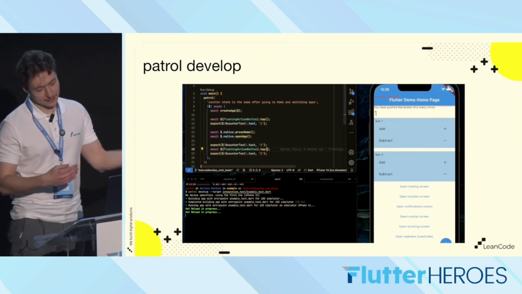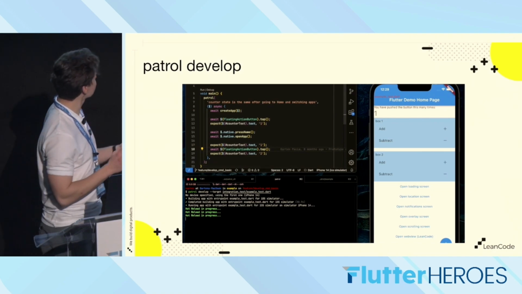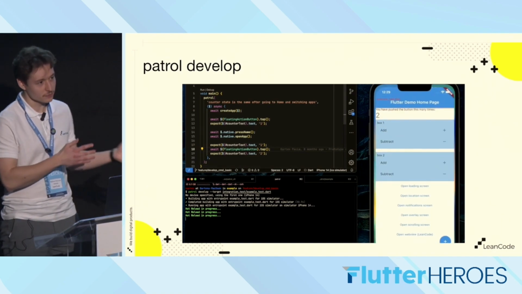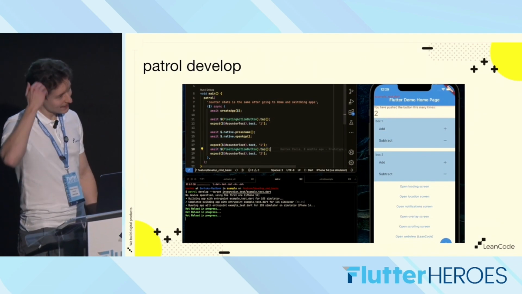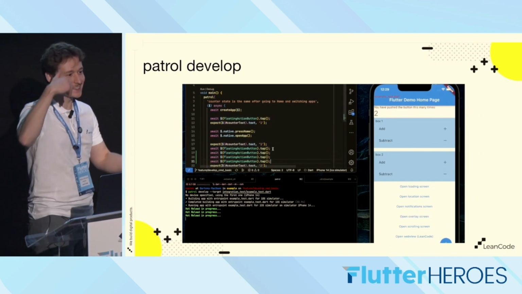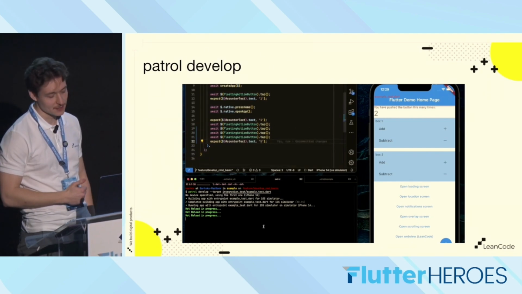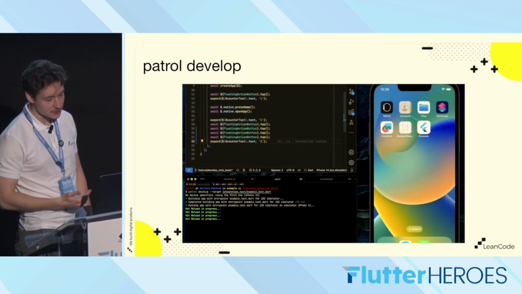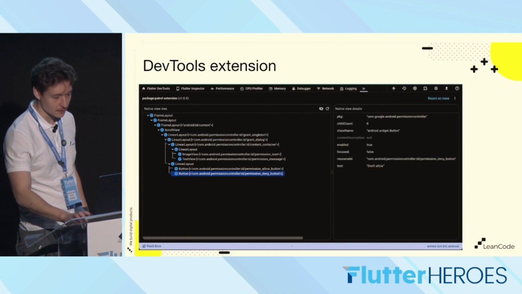You can add a new line, save the file, hit R in the console. So it's pretty much like hot restart. It takes advantage of Flutter hot restart, because hot reload is not giving us anything, since the test has already passed or failed. So we want to rerun the test. Developing tests is just faster. You can use Patrol develop to try it out.